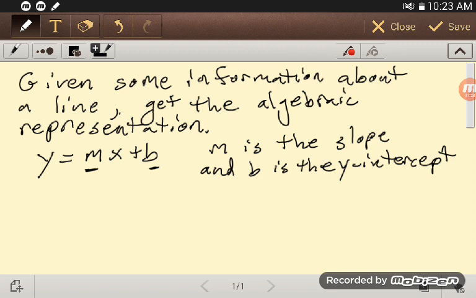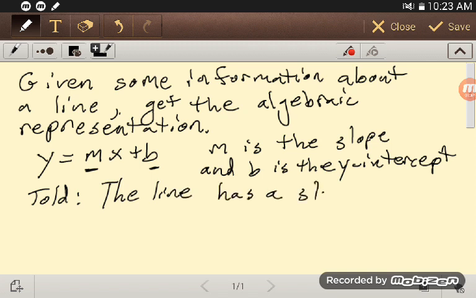Well, sometimes I'm just told, you know, I might be told something like the line has a slope of -4 and an intercept.